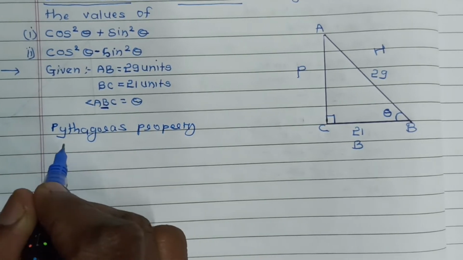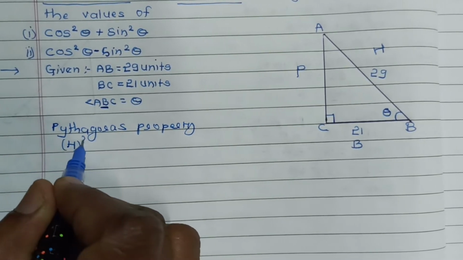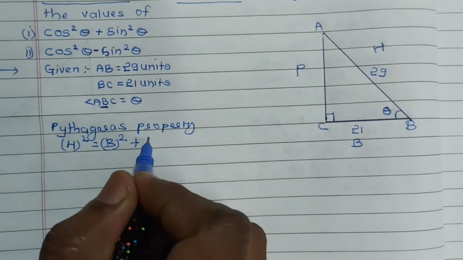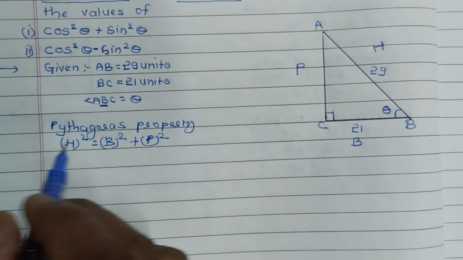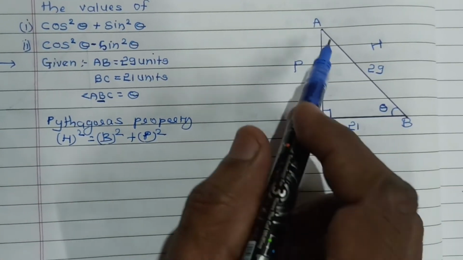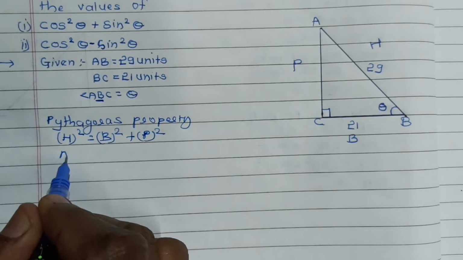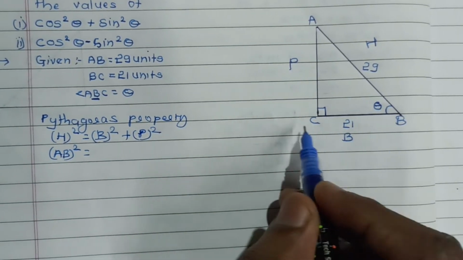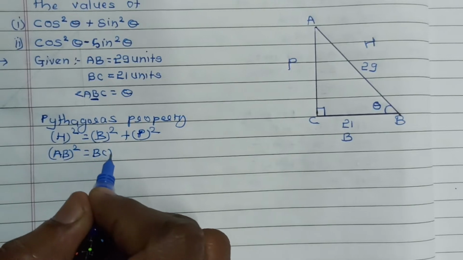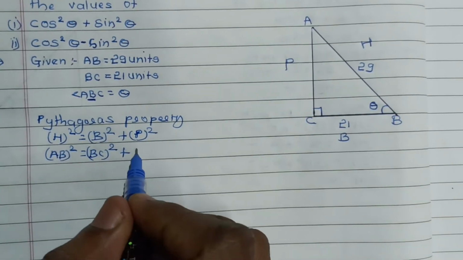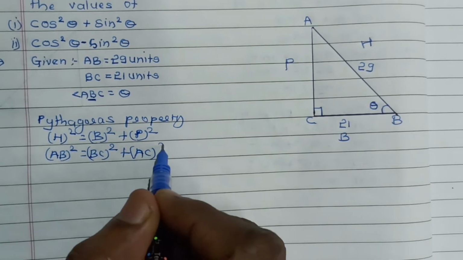So what is Pythagoras property? Hypotenuse square is equal to base square plus perpendicular square. So what is hypotenuse for this right angle triangle? AB. AB whole square is equal to base is BC, BC whole square plus perpendicular is AC, AC whole square.